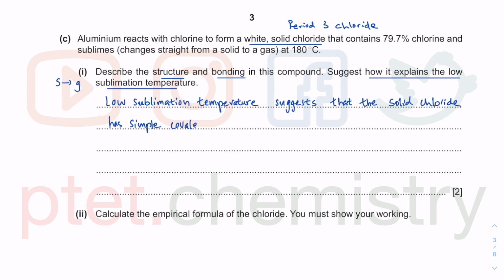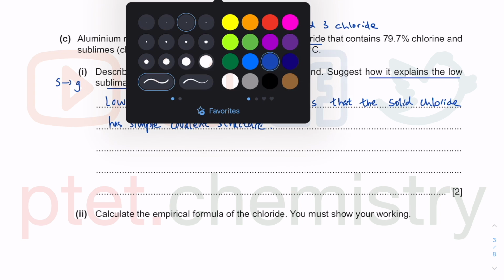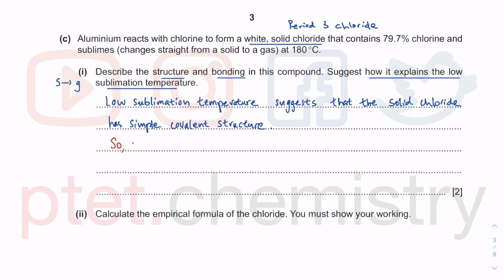And when you have simple covalent structure, what do you break when you have to boil it or melt it? So we talk about sublimation. Sublimation, solid going to gas, only needs to break or overcome weak intermolecular forces.